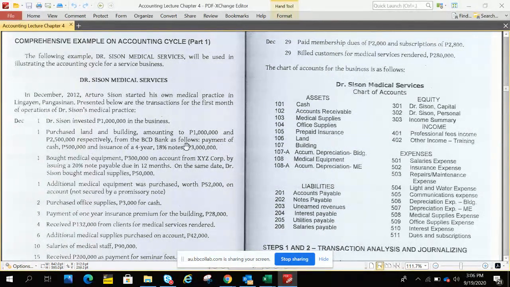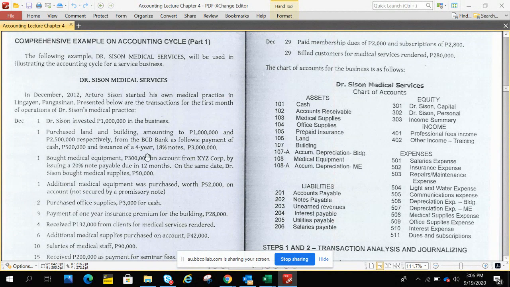And the remaining 3 million pesos. What do you call this? This is a notes payable. Again, pag ang payable or liability mo ay evidenced by a note na may nakalagay dito interest, yan, may explain ko, no? Ang tawag doon ay notes payable. Kaya ito, makikita nyo, notes payable. Number 202. Ano yung 18% yan? Yan yung interest. Yan yung annual interest for the note.